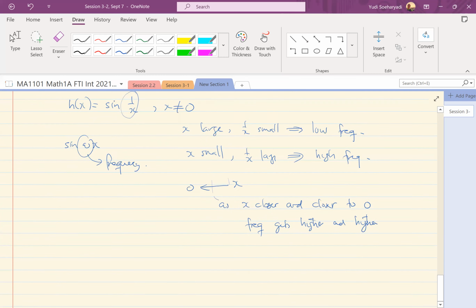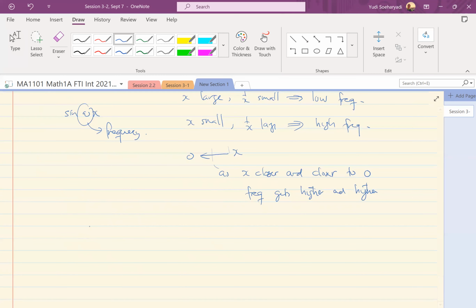So it just makes sense if I picture this as, let's see, sine, the maximum is 1 and -1, right? And at 0 it is undefined.